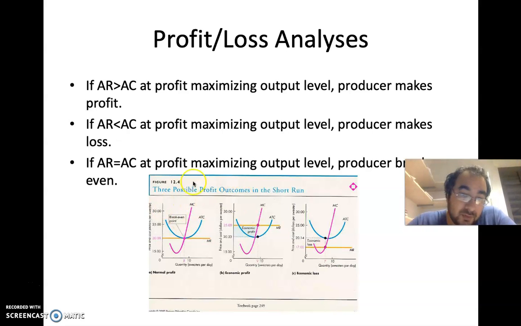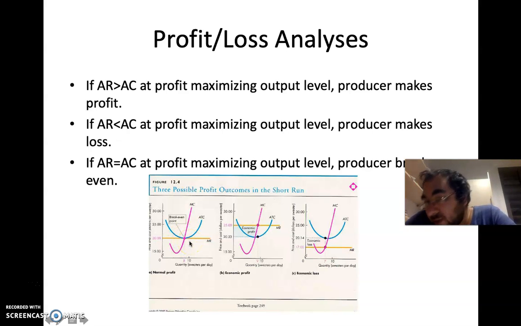It could not break even at a point where average total costs are higher, because in that case you could produce more and decrease the cost, and average revenue will remain the same, since we have a totally horizontal demand. So the company will break even at the point when average costs are minimum.